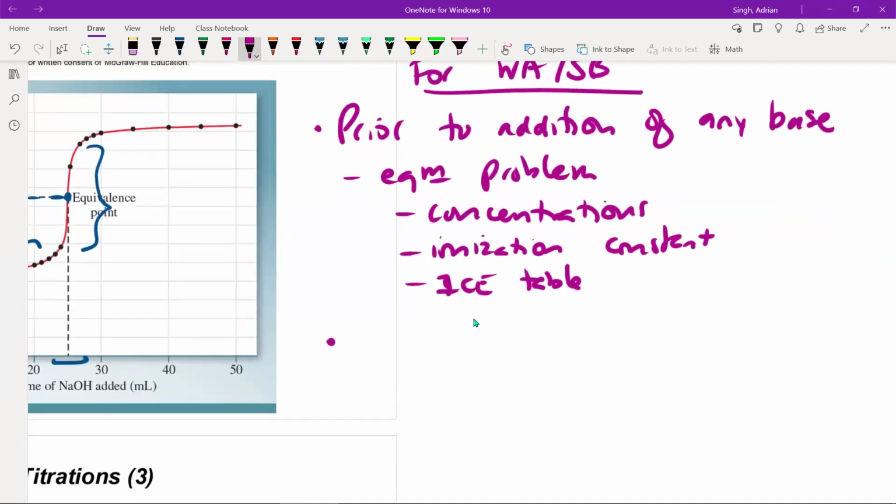Prior to the equivalence point, so after we start adding now some of the strong base, but before the equivalence point, this ends up being a buffer system.